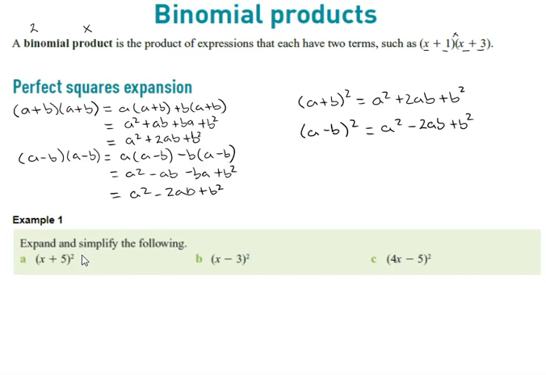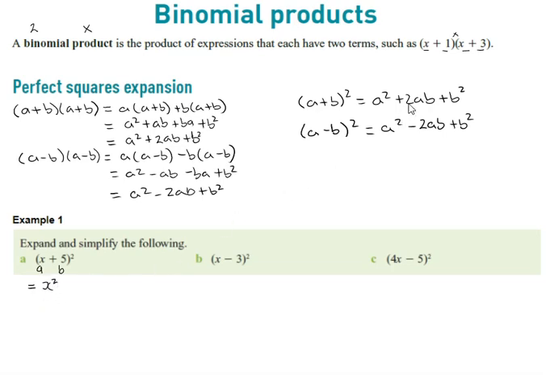Let's see what I mean. My x is in the same position as my A, so I'm going to imagine that as my A. And my 5 is in the position where the B is, so I'm going to imagine that as my B. Now, what's the first part of my answer? I have an A squared. I'm not going to write down A squared, but I will write down x squared.